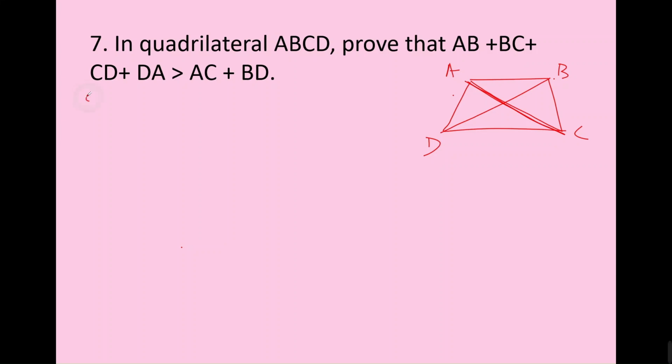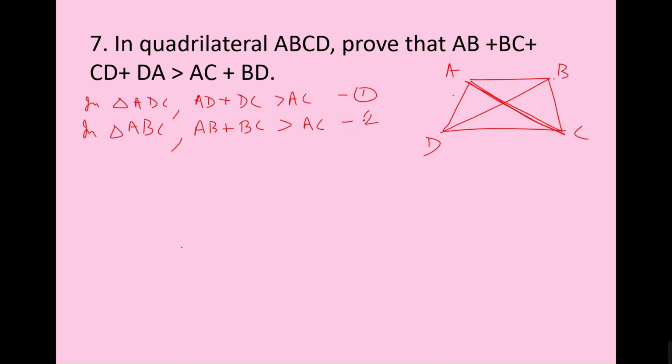If AC is my diagonal, then I will have two conditions. First, in triangle ADC, I can write AD plus DC is greater than AC. Let me call it 1. Then in triangle ABC, I will have AB plus BC greater than AC again. Now let's have a look at BD.